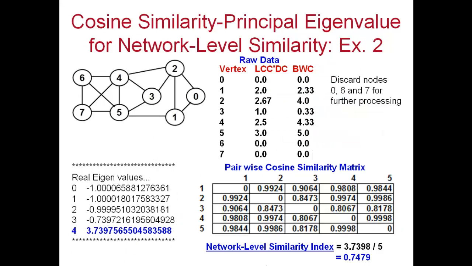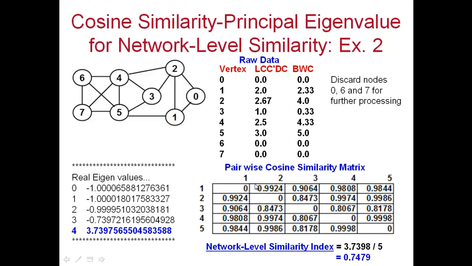Now we can compute this also for our centrality matrix data set. Again, for this graph we are going to discard, remember, nodes 0, 6 and 7. But nevertheless, if you use the pairwise Cosine similarity matrix that we got in the previous video for these 5 vertices as input to the adjacency matrix based eigenvector centrality program, you are going to get 3.7397 as the principal eigenvalue, and divide that by the number of vertices you have considered.